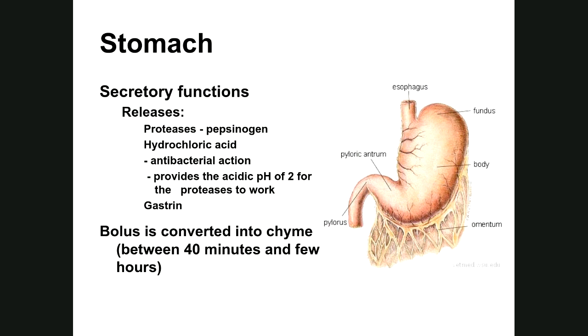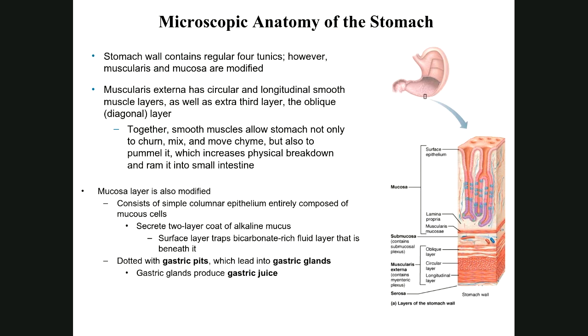So let's look at the microscopic anatomy of the stomach. Of course, we have all those layers: the mucosa, submucosa, muscularis, and the serosa. The muscularis externa has a circular and longitudinal smooth muscle layer.